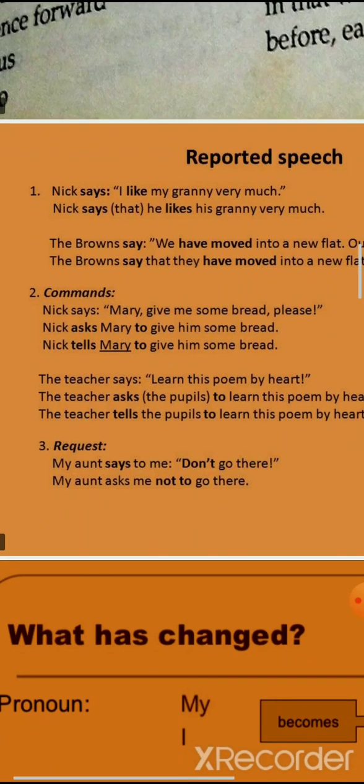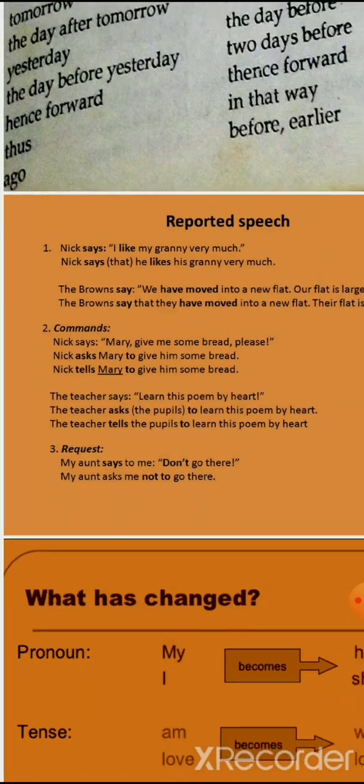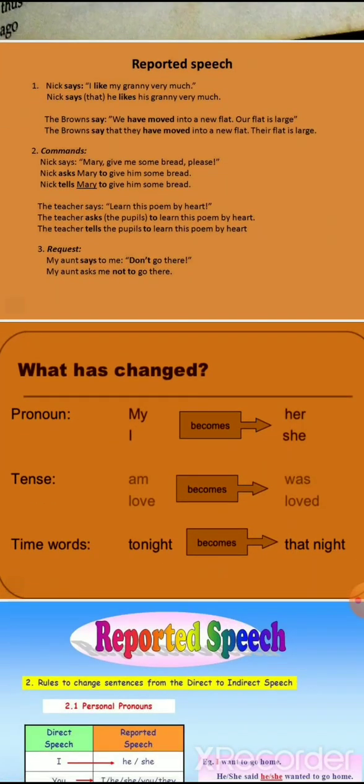Okay, now teacher ki, request ki, commands ki, and then commands, request, order. Now sometimes the teacher orders or the teacher announces, so depending on the tone of the sentence, you have to change here.